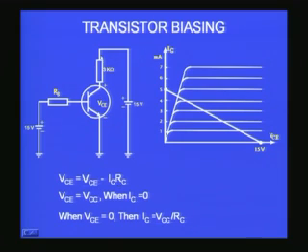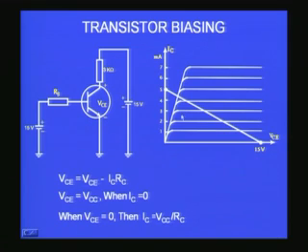When IC is 0, then the voltage IC RC is also 0, because anything multiplied by 0 is 0, and therefore there is no drop across this 3 kilo ohm or the RC resistor, and therefore the entire VCC will be appearing across the transistor. That is what this equation shows. When IC is 0, this term becomes 0, and then VCE is nothing but VCC. That is what I have written here. So, I know this point.